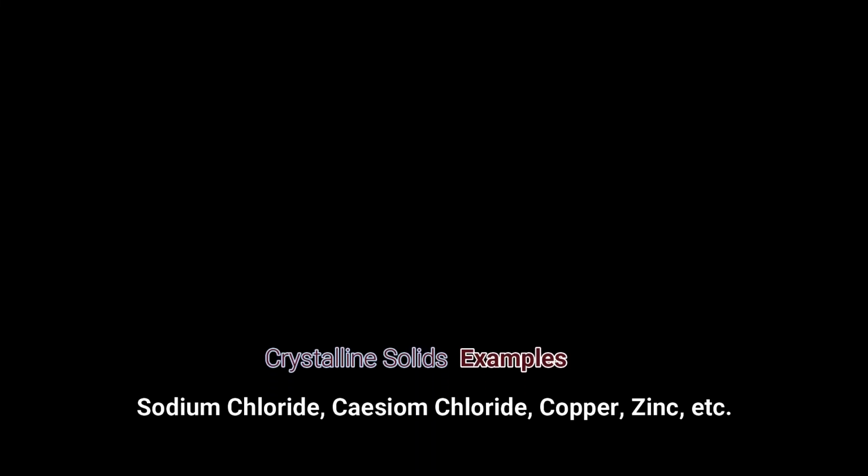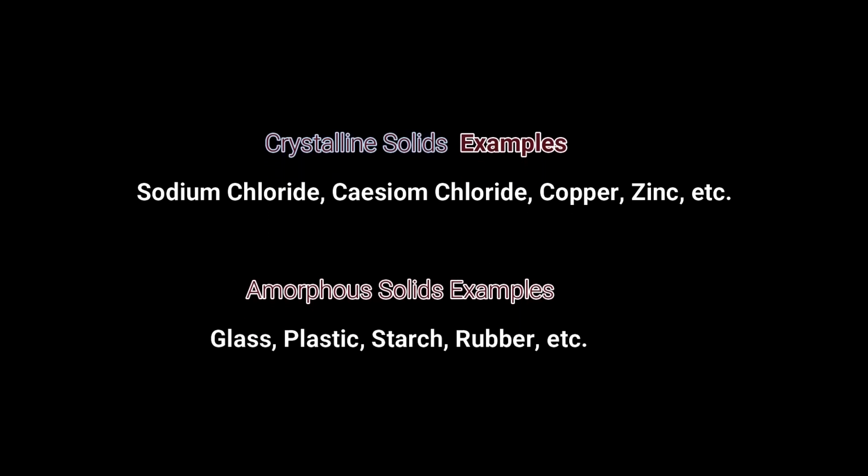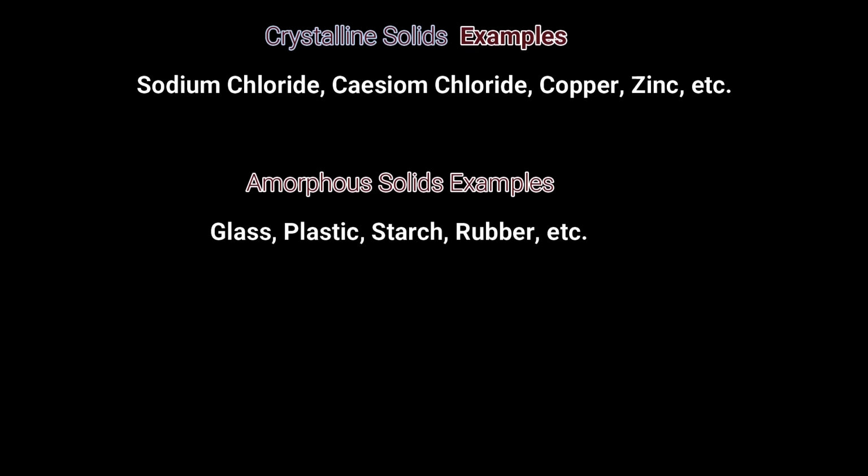Examples of crystalline solids are sodium chloride, cesium chloride, copper, zinc, etc. And examples of amorphous solids are glass, plastic, starch, rubber, etc.